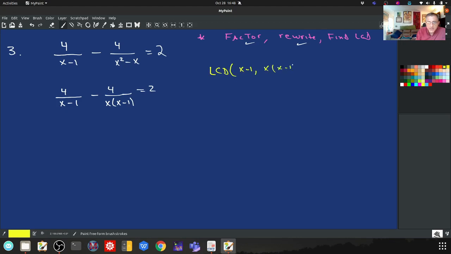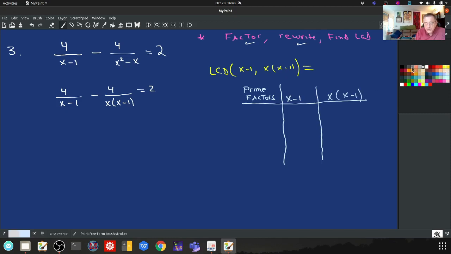So my LCD of the denominators is x times x minus 1. Now this should be obvious to you, but let's just pretend that it's not. I'm going to show you how we can use our table method, the table method that I taught you on how to find the LCD with prime factors. Denominator 1 is x minus 1, and denominator 2 is x times x minus 1.